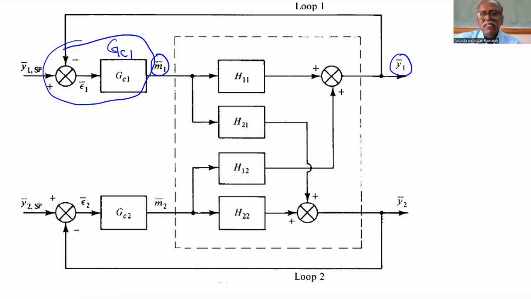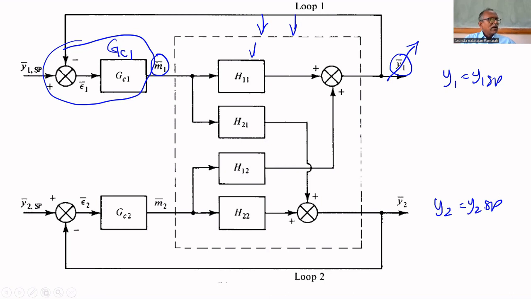Suppose there is a change in Y1 because of some disturbances entering into the process. Let us assume that initially Y1 equals Y1 set point and Y2 equals Y2 set point. Initially, at that time some disturbances enter into the process.